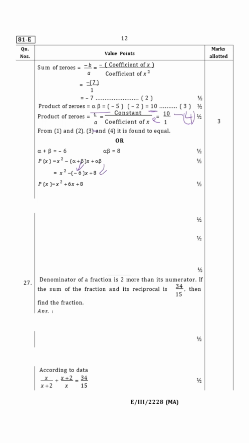So x square minus negative 6 into x plus 8. On simplifying, we get p of x is equal to x square plus 6x plus 8. Now we have to find the roots of the polynomial. So now we have to equate them to 0. Before that, now let us split the middle term. 4 into 2 is equal to 8. 4 plus 2 is equal to 6.